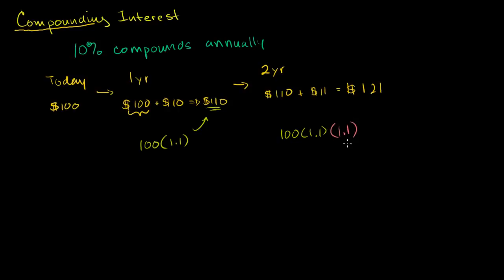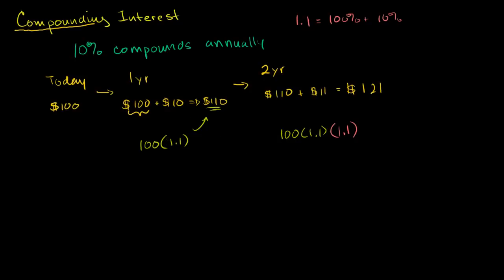And remember, where does the 1.1 come from? 1.1 is the same thing as 100% plus another 10%. That's what we're getting. We have 100% of our original deposit plus another 10%. So we're multiplying by 1.1. Here we're doing that twice. We multiply by 1.1 twice.